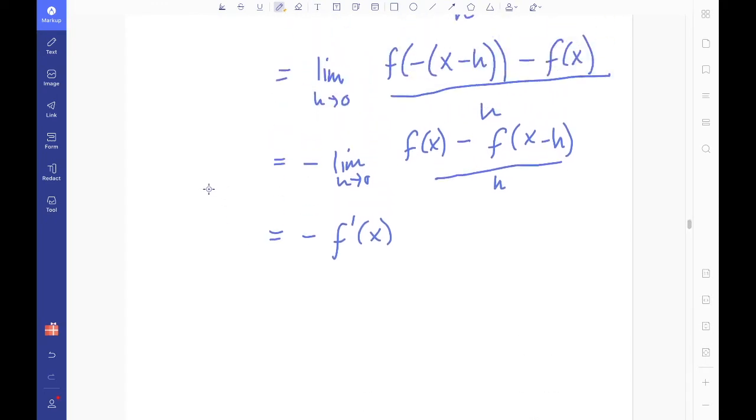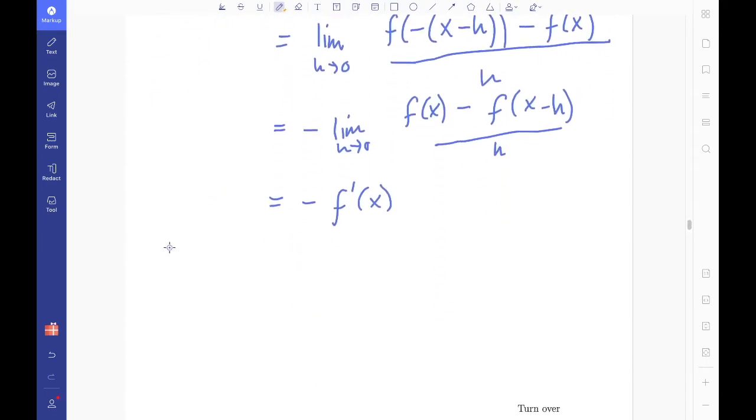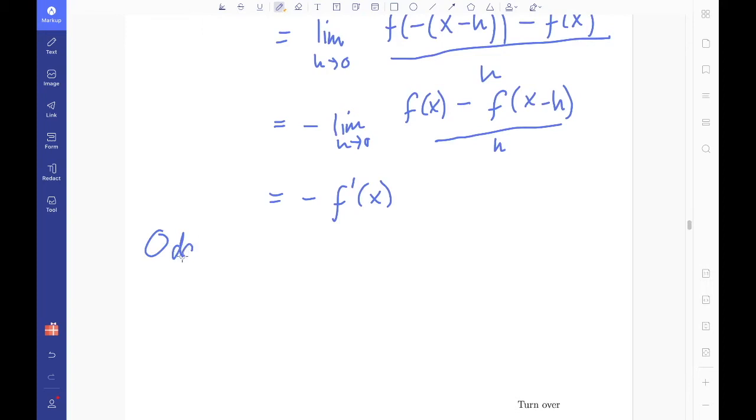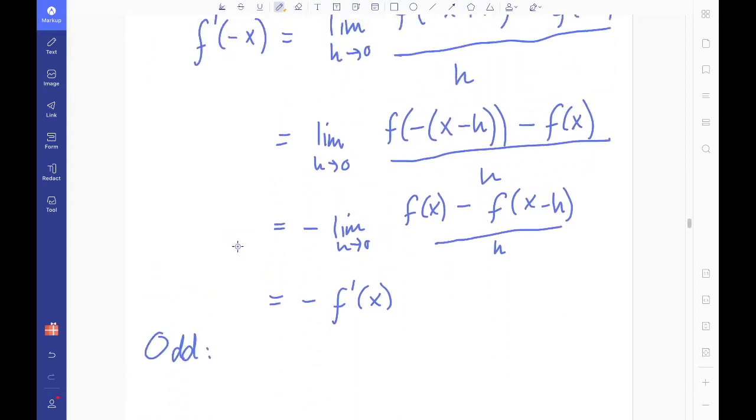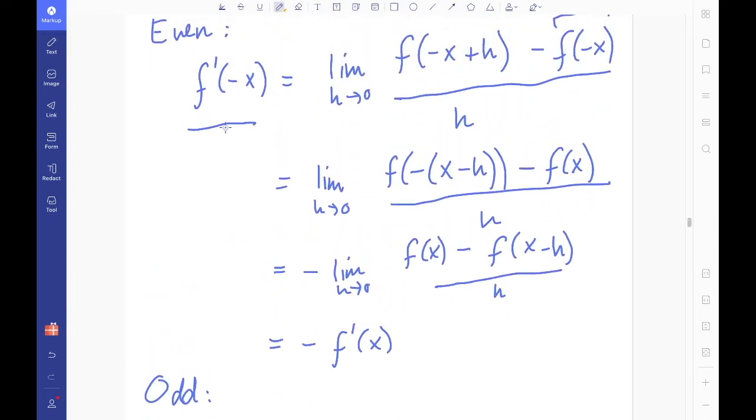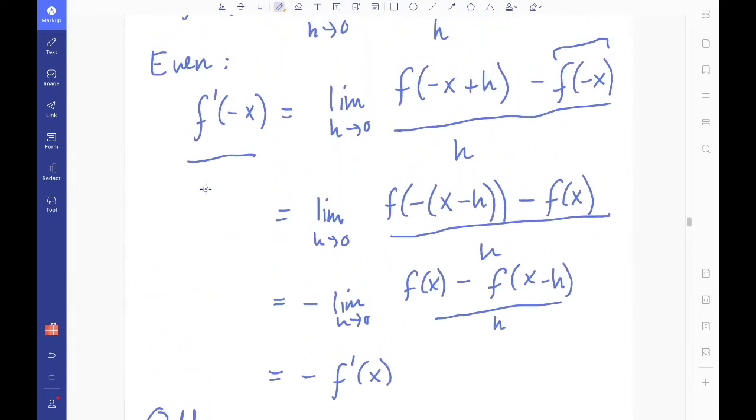We can do the same thing for odd. I think this proof is very similar. We can say the same thing from this line here, but these steps would just be slightly different.